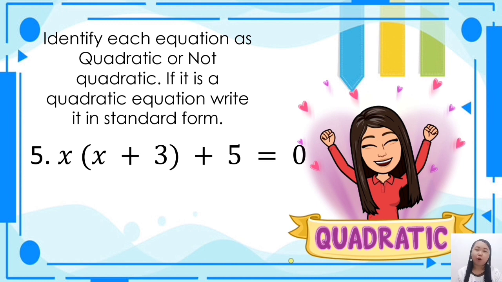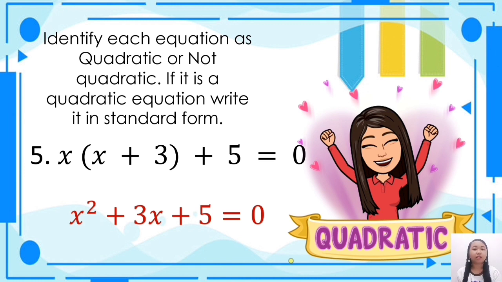And the standard form is x squared plus 3x plus 5 equals 0. So what property did you apply or did you use? Very good. The distributive property. x times x is x squared, and x times 3 is 3x. Just copy plus 5.